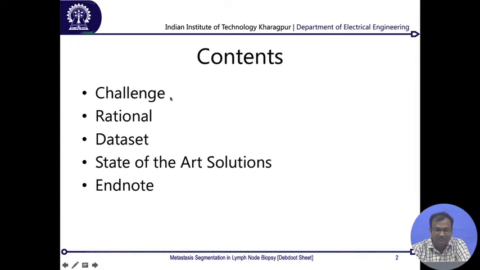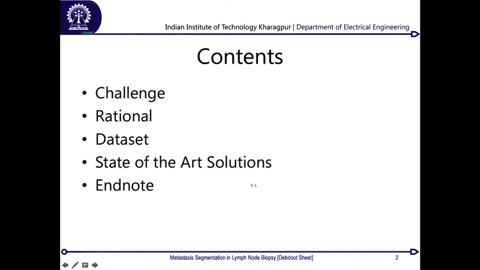So overall the organization is arranged like this: we have the challenge first, and once the challenge is introduced to you, I would speak about the rationale and introduction to the problem which we are trying to deal with, until we are quite sensitive about the pathology and the actual biological problem to be solved on the clinical side. It would really be hard to understand what rationale there was when undertaking this sort of problem statement solution.